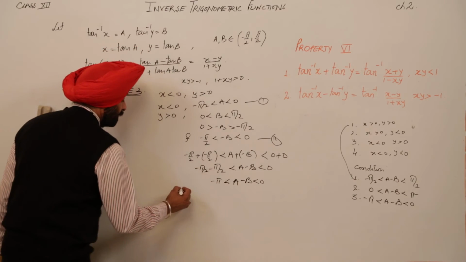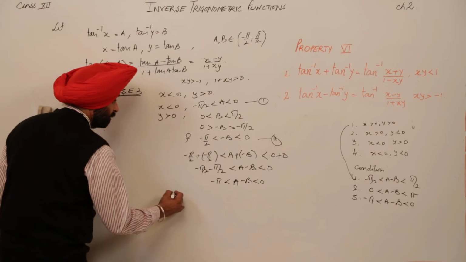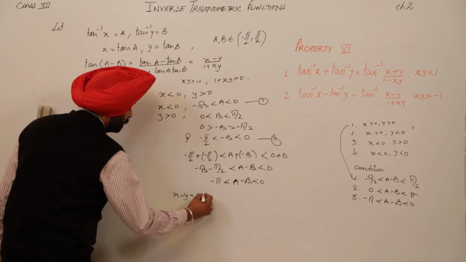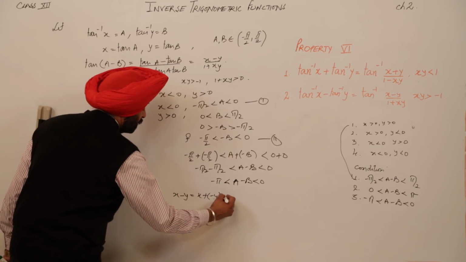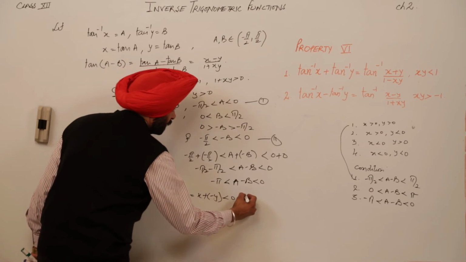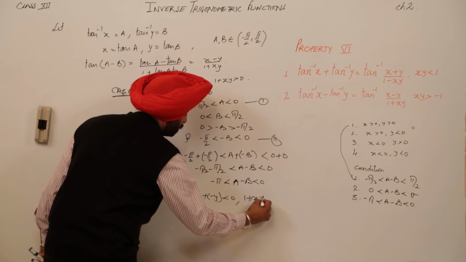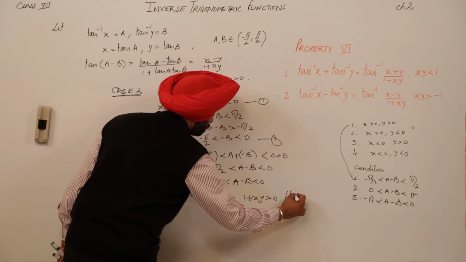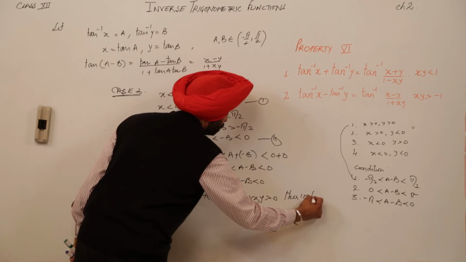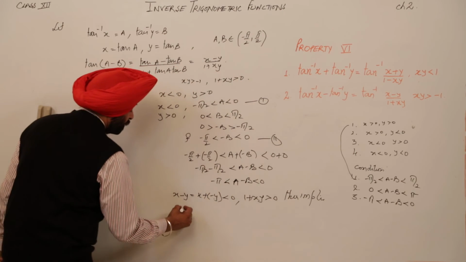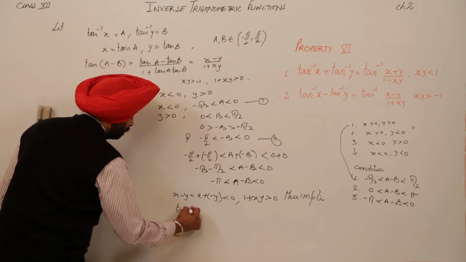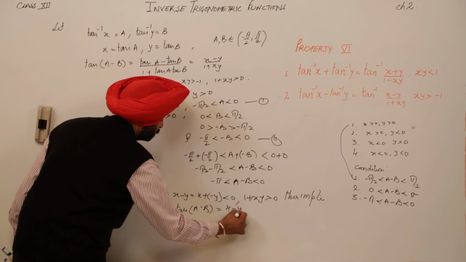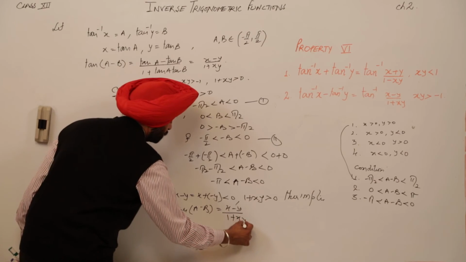Now here we can write again one and the same thing, that x minus y is less than 0, and 1 plus xy is greater than 0, and this implies tan a minus b is equal to x minus y upon 1 plus xy.